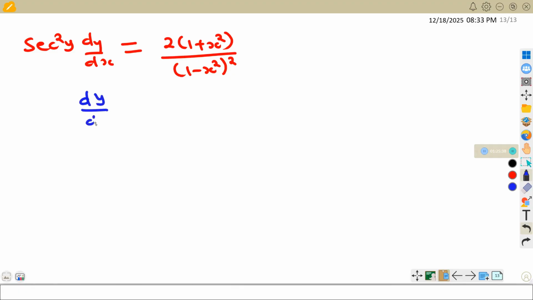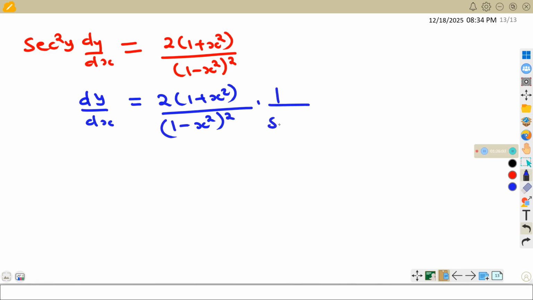So dy dx will be equal to 2 into 1 plus x squared over 1 minus x squared again squared. So we are dividing through by sec squared, so we shall have over sec squared of y.